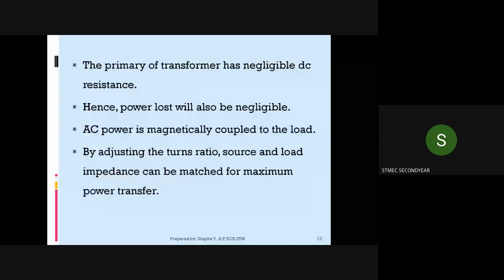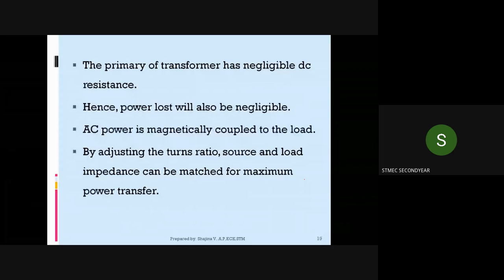What does the maximum power transfer theorem say? The maximum power will transfer to the load if the load resistance is equal to the source resistance. So here we can transfer maximum AC power to the load if our load resistance equals the source resistance. For this impedance matching, we can adjust the turns ratio.